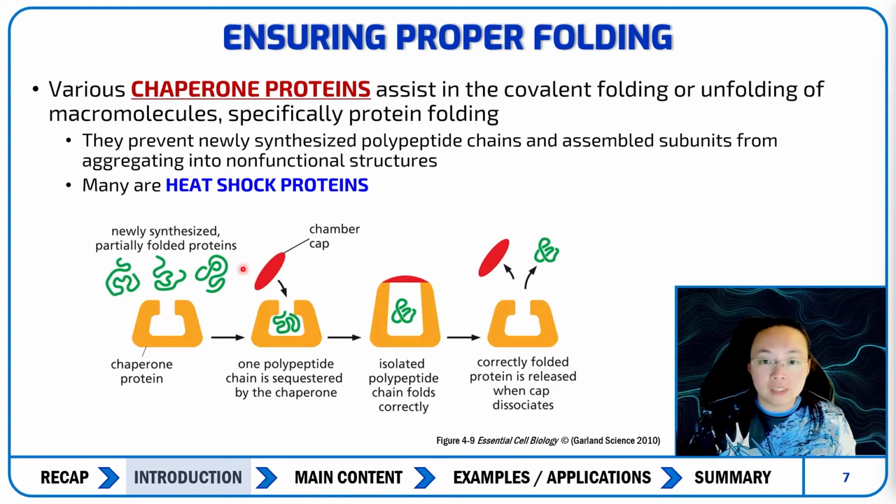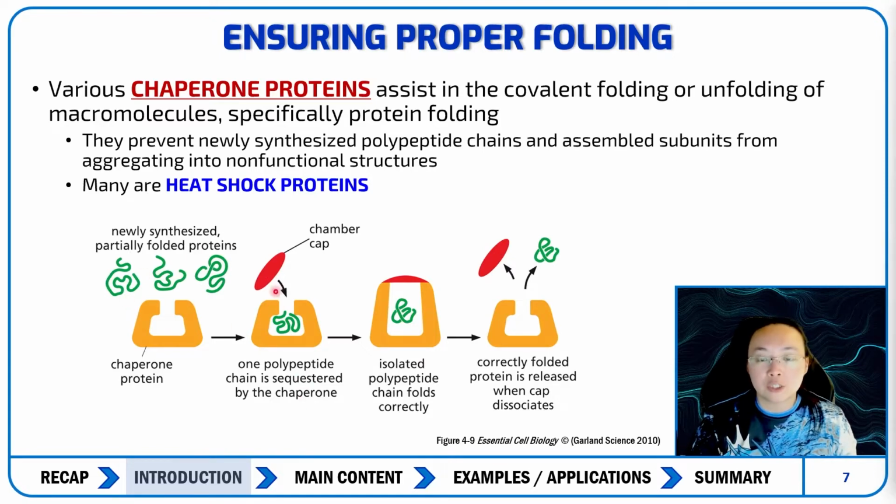Looking at the diagram here, we can go through step by step. You have some newly synthesized and partially folded proteins, and they enter a chaperone protein and basically get a clean environment to fold properly versus accidentally aggregating, like grouping together outside in the environment, or folding incorrectly.